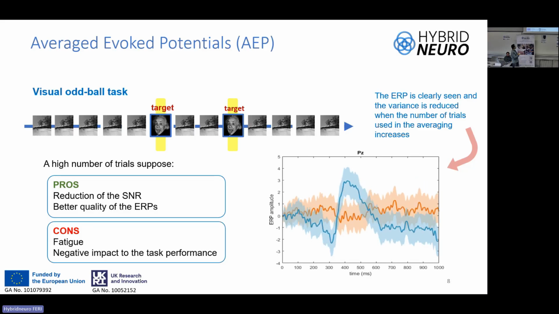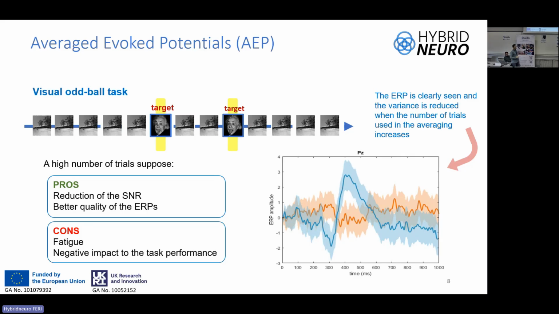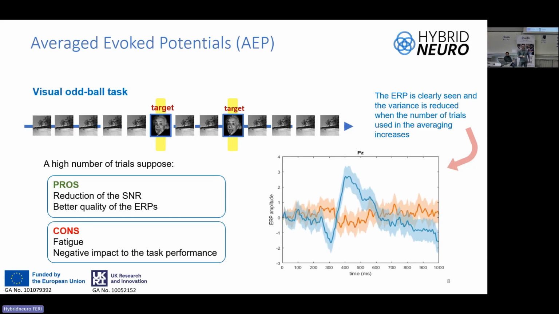What are the pros and the cons of this kind of analysis? Of course, one of the better things is that we reduce the signal to noise ratio by this averaging process, and you can see that there. Also we can obtain a signal with good quality, and you can try to characterize some different dynamical behaviors based on this analysis.